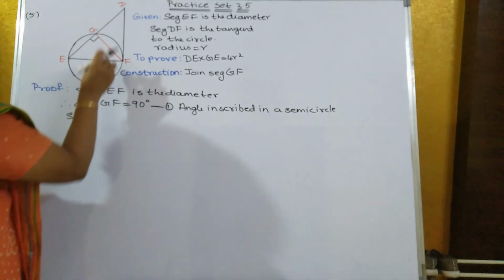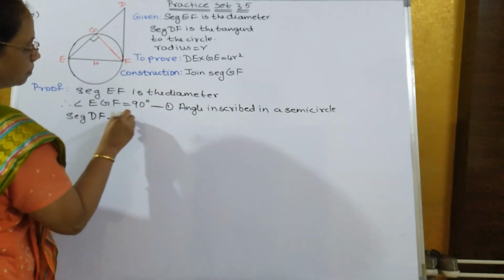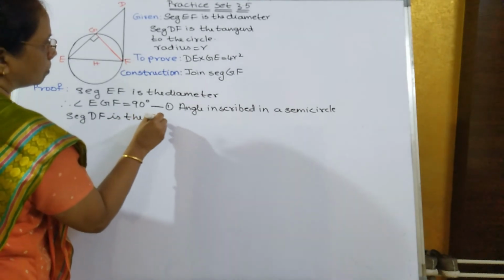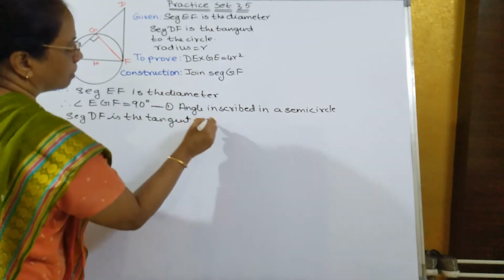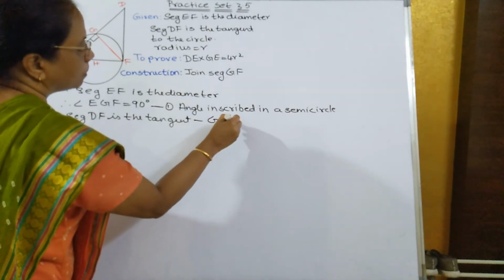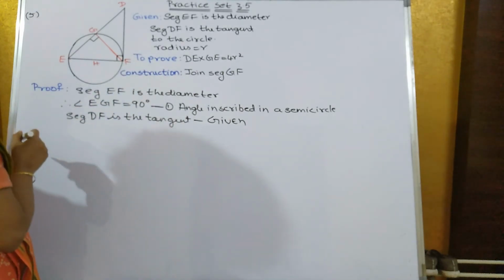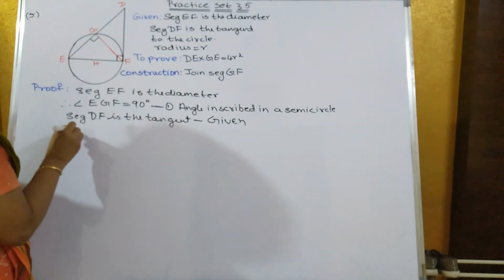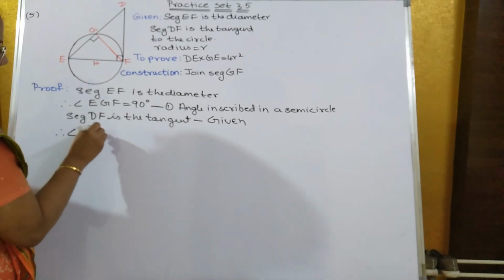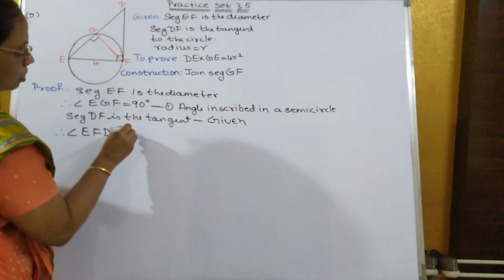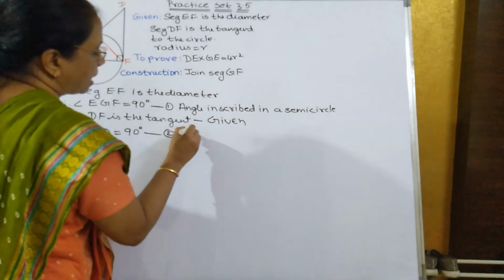Now Seg DF is the tangent, already given that it is a tangent. Therefore this angle will be equal to how much? 90 degrees. Therefore angle DEF is equal to 90 degrees. Let this be 2, from tangent theorem.